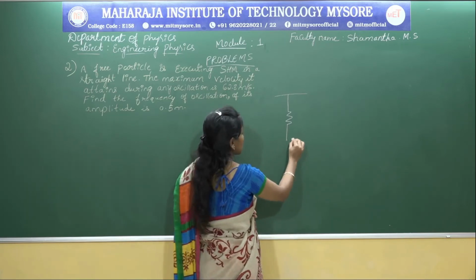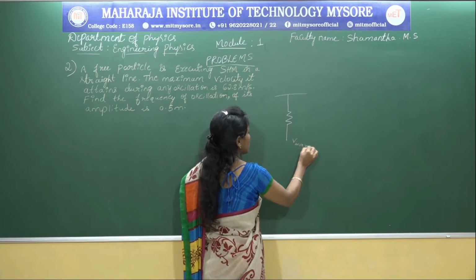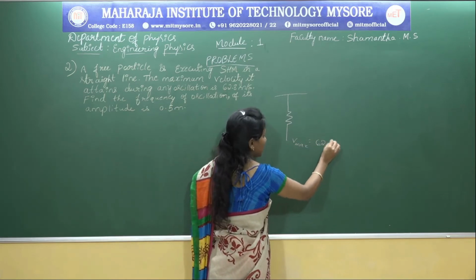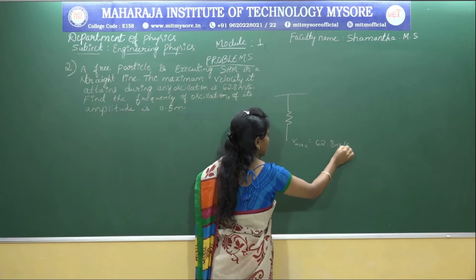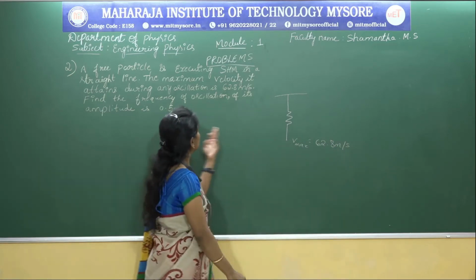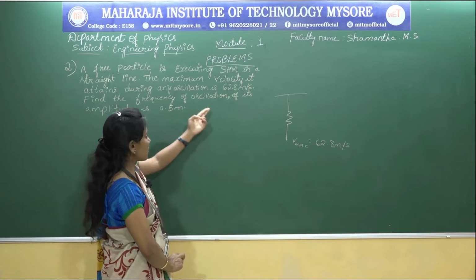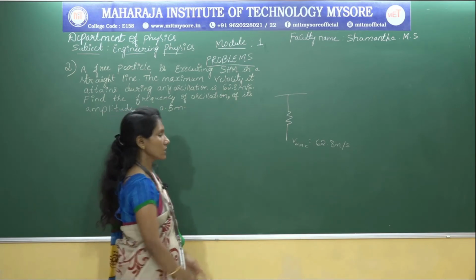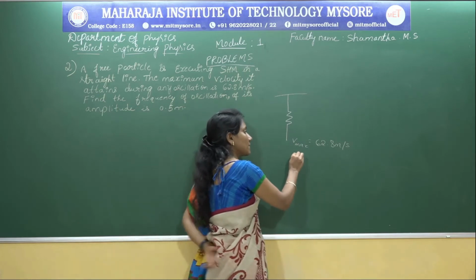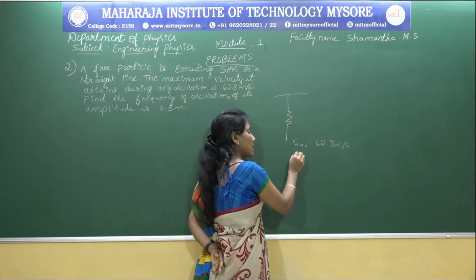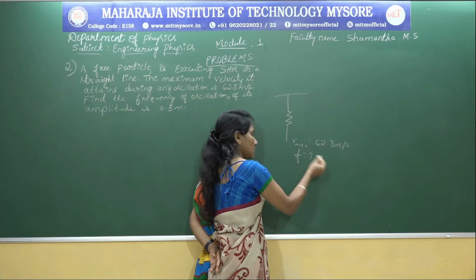The maximum velocity is 62.8 meter per second. Then find the frequency of oscillation. So we have to find out at what frequency the particle is oscillating.